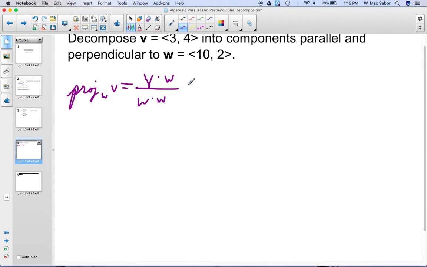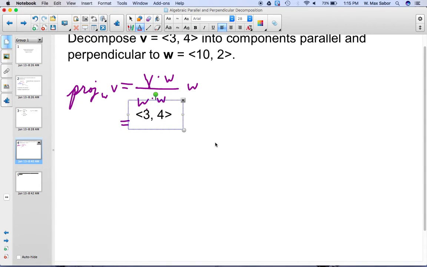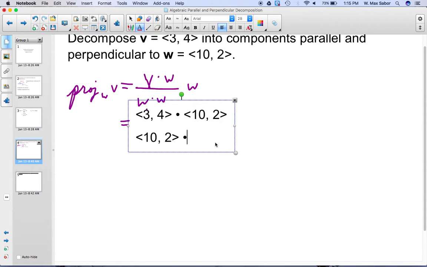The denominator will be W dotted with W, all times W. So I'm going to type this out. People have asked me to go into more detail, do more steps. So if you want to skip through some of this because you don't want to see every single step, that's reasonable as long as you can perform all of these steps.